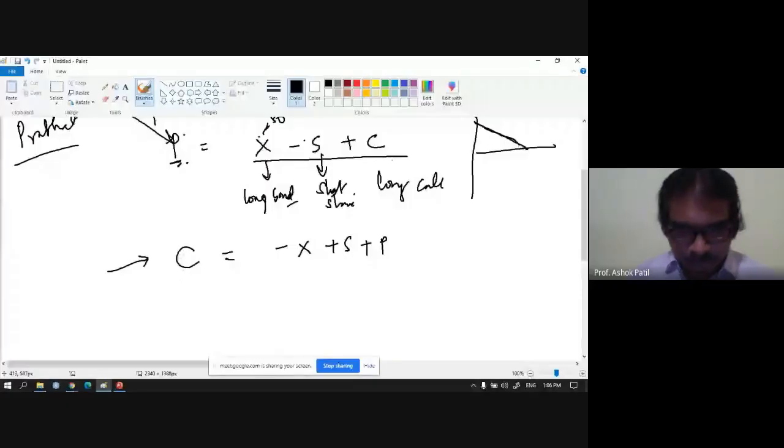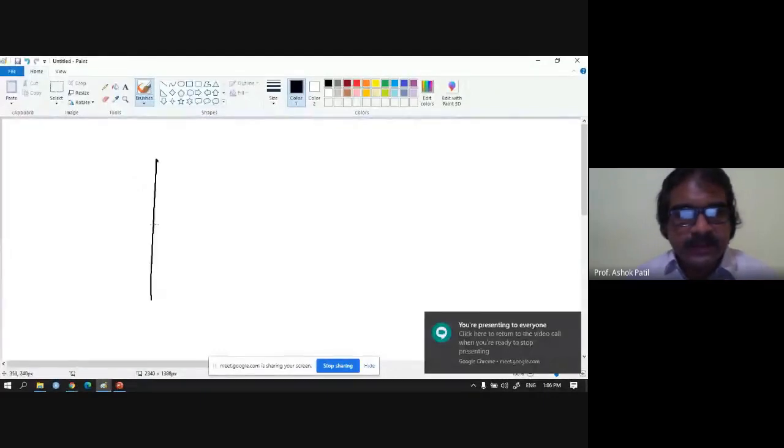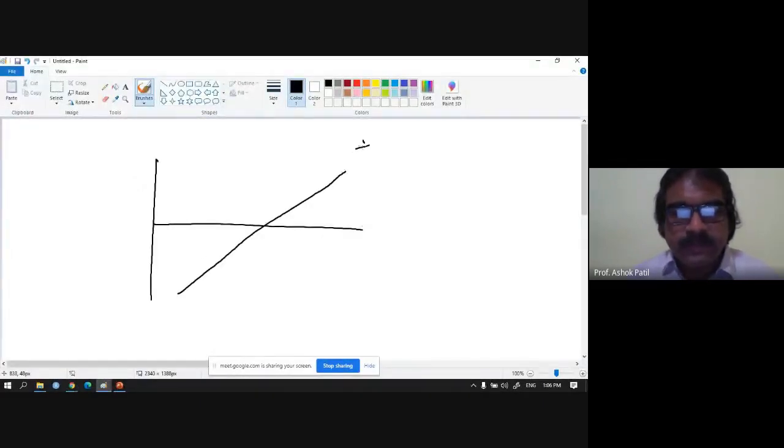So for example, when we were doing this in the beginning, I have a share with me, plus s, and this part is the loss region.